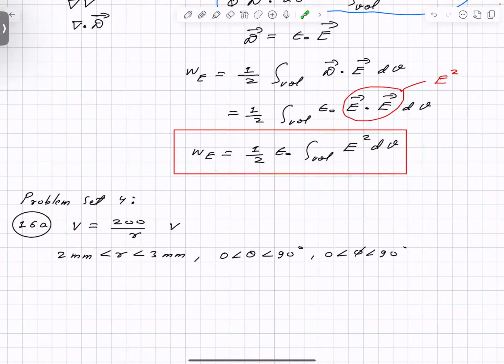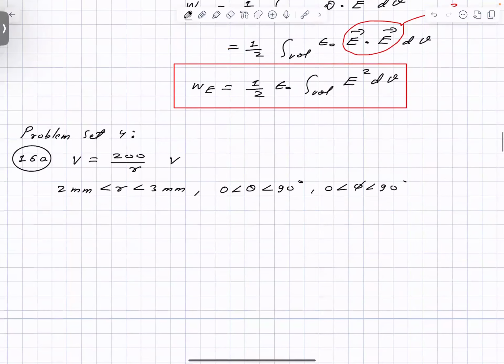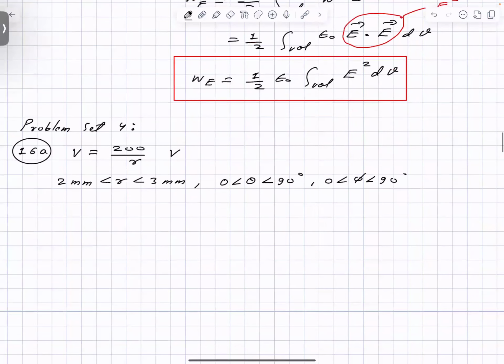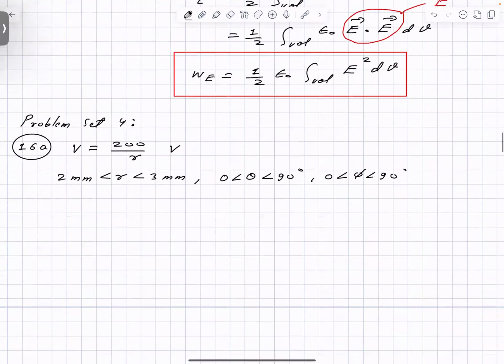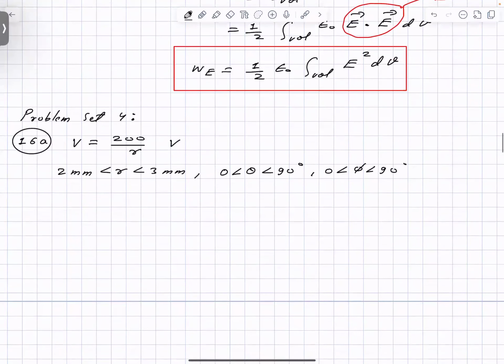Can we still use that formula? Can we get E if we have V? How do we get that? Gradient, that's right. That's what you did in the last class also.